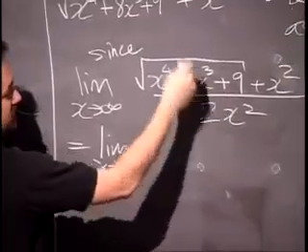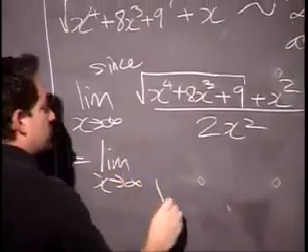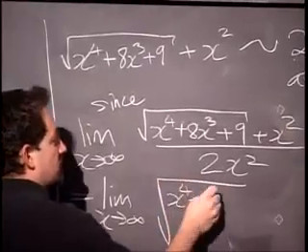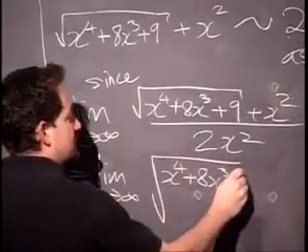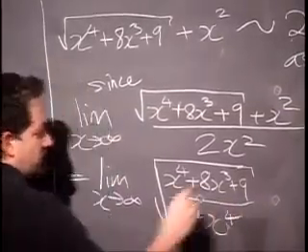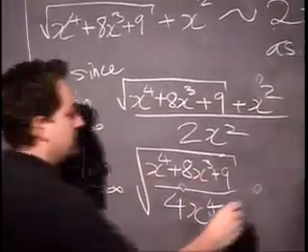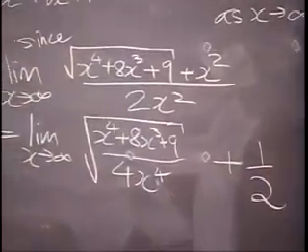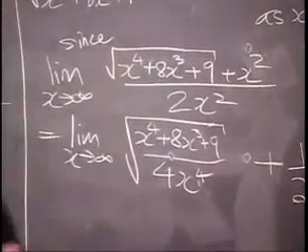Now, the 2 doesn't really matter that much, but if I pull it into the square root, it becomes a 4. So it's x to the 4th plus 8x cubed plus 9 over 4x to the fourth, whereas the other piece is just 1/2.